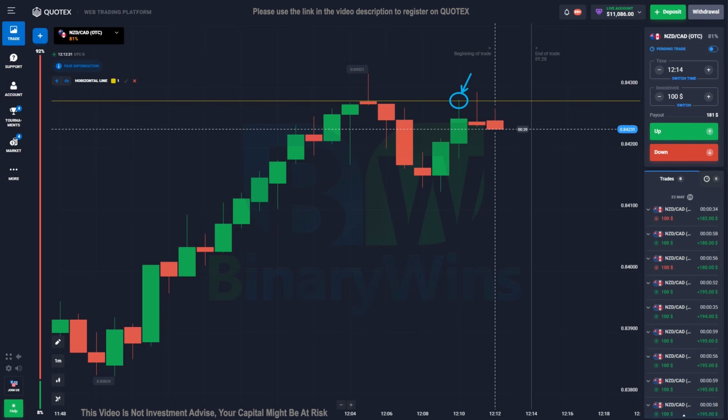But since we had a gap and distance to the level, we had to wait for this gap to be filled by the candlestick first, and after receiving a rejection from the key level, we would enter a lower trade.